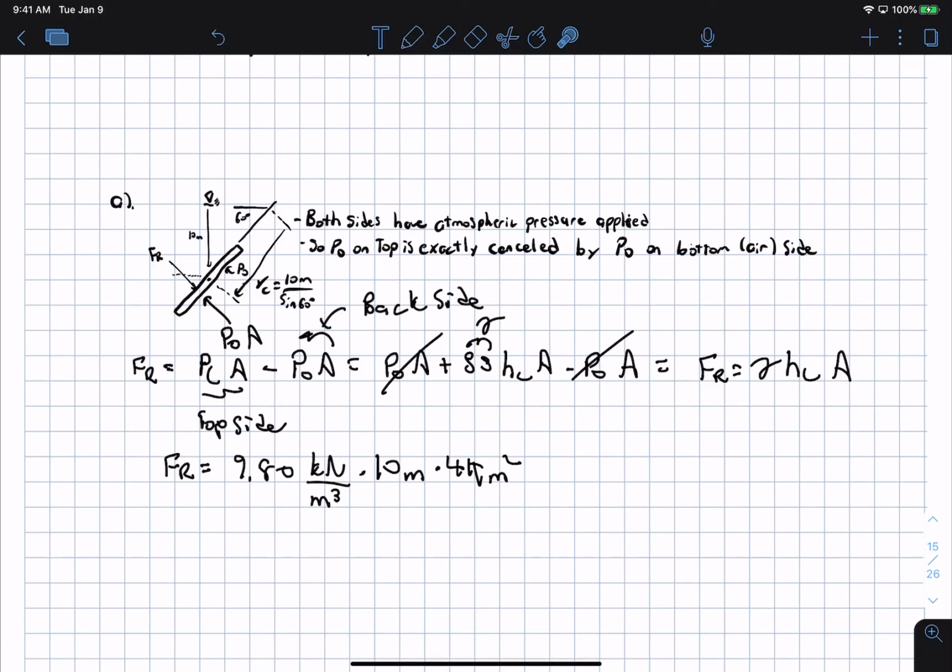And notice again, I have units after every single number. I expect you on your homework to show that. Okay. And this implies if you punch it into your calculator, you should get a resultant force of 1230 kilonewtons.